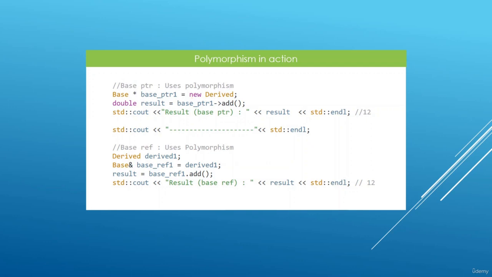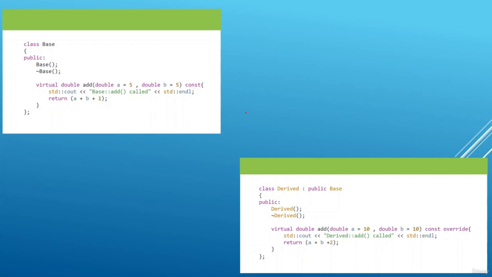Okay, here is a simple example. We have a base pointer which is going to be managing a derived object, and we will call the add function here. What do we expect to get? Well, because we have polymorphism here, we will call the most specific add function here, and that's going to be the add function from our derived class. But the default arguments we pass are not going to be decided by the derived class.